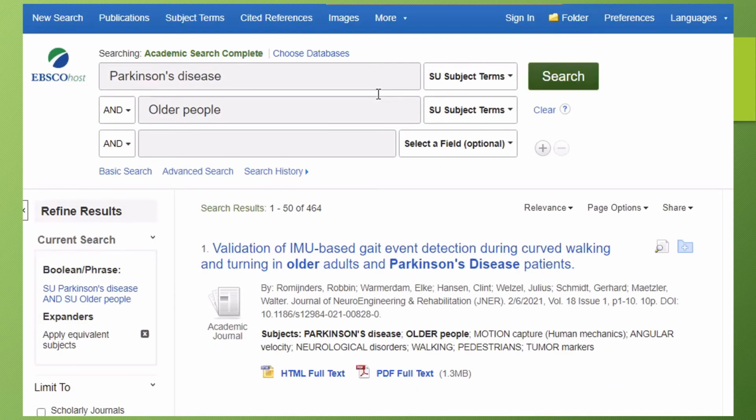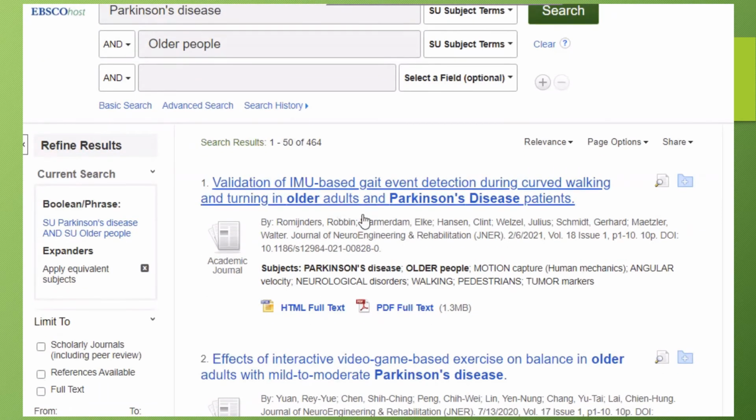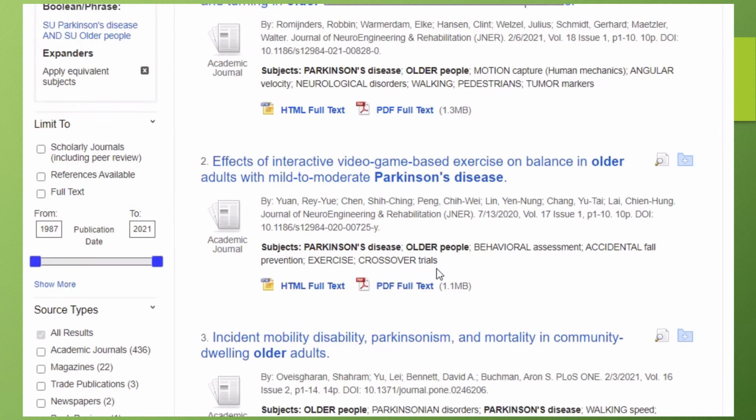We take what we've learned from our keyword searching and now search as subject headings. Older people and Parkinson's were both listed in relevant subject headings in articles we were interested in. Now we see that we have many fewer returns, but hopefully more relevant ones. Next, I'll show you how to combine different groupings of searches all together for even more limiting results.